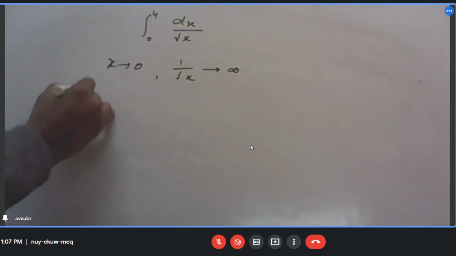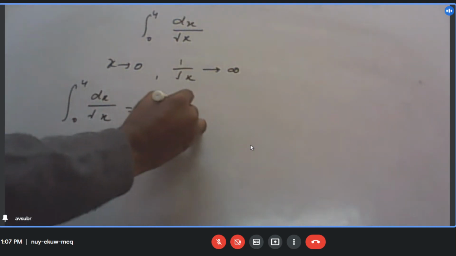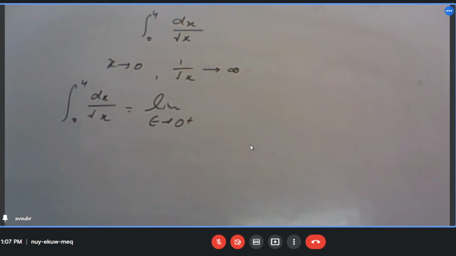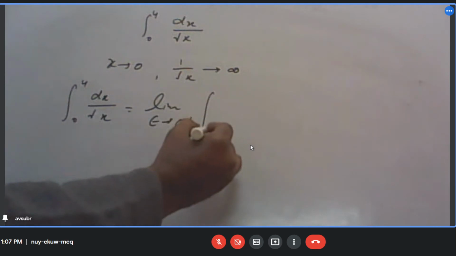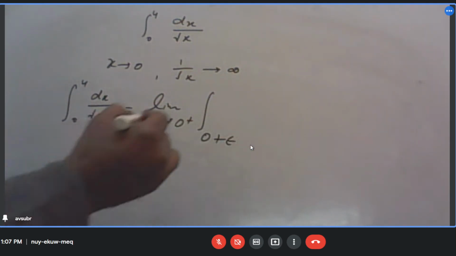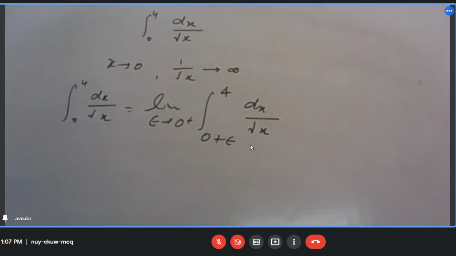So by definition, I go ahead. Limit epsilon tends to 0 plus, epsilon to 4, dx by root over x.